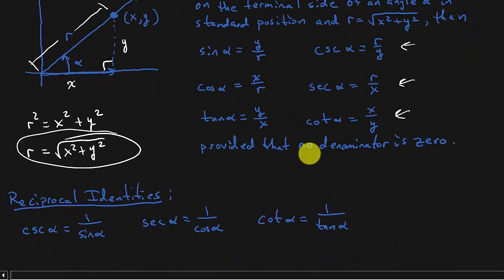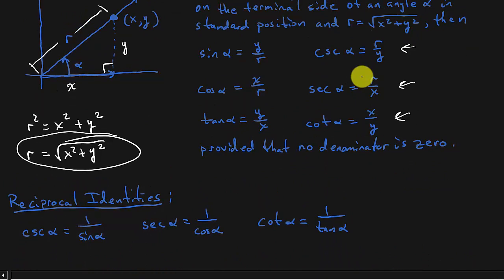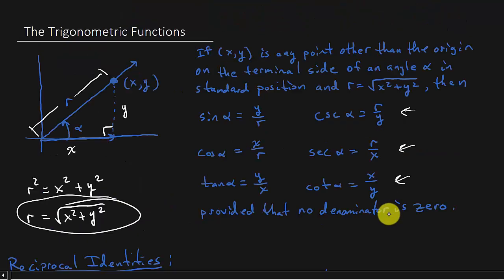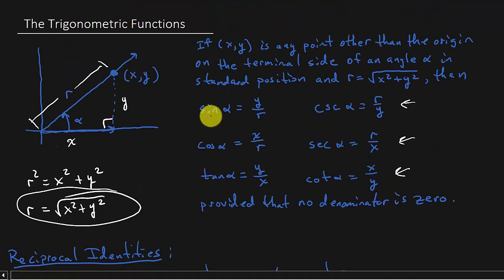Because we've got these reciprocal identities. This is just saying that cosecant and sine are reciprocals of each other, secant and cosine are reciprocals of each other, and cotangent and tangent are reciprocals of each other. Remember, reciprocals is when you flip the fraction. You'll need to remember that sine and cosecant are reciprocals: y over r, I just take the reciprocal, r over y.